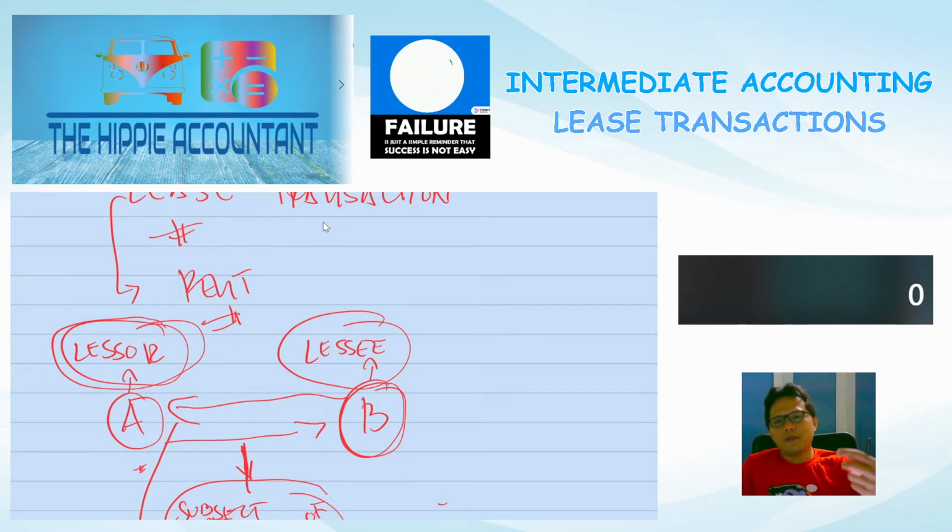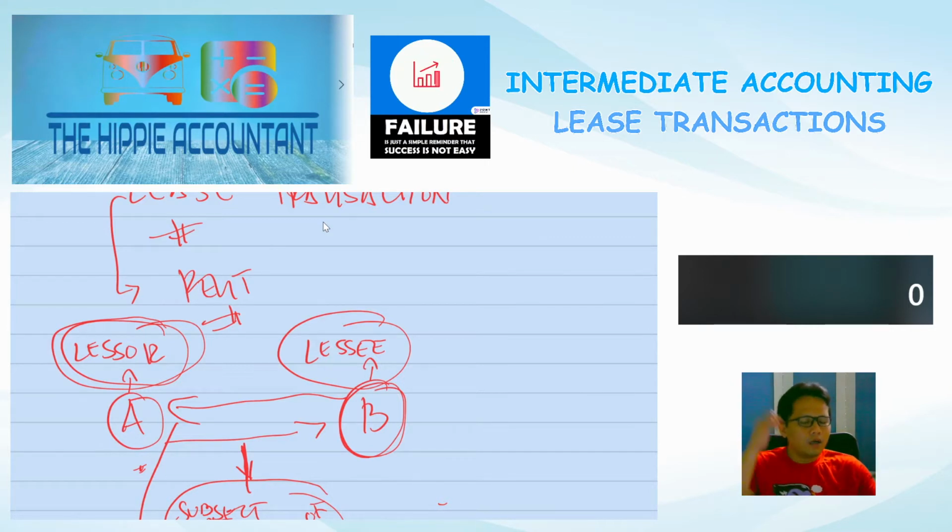That is why it is very important for us that if we analyze a transaction, the first thing that we need to know is to determine who is the lessor and who is the lessee.